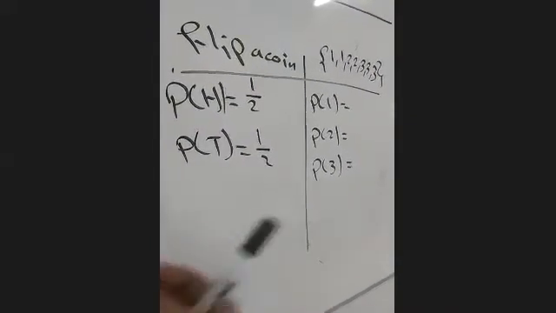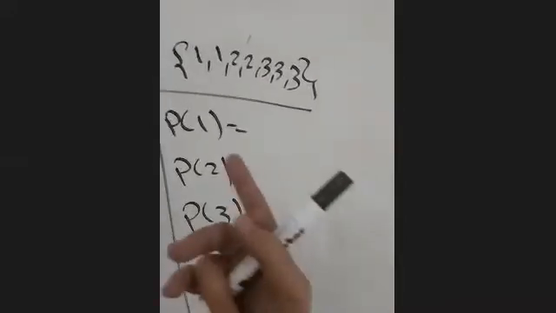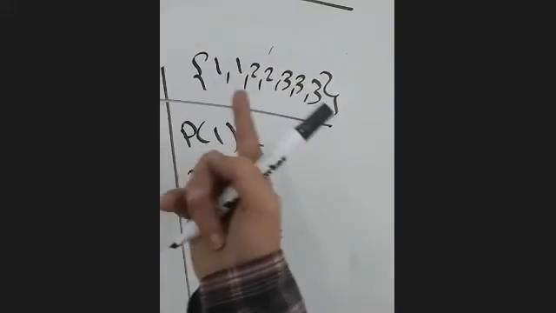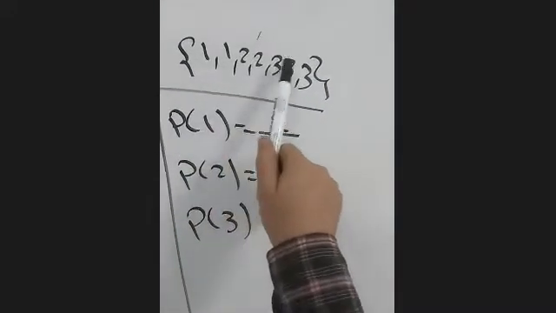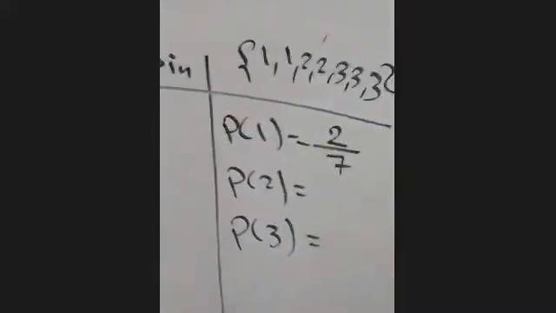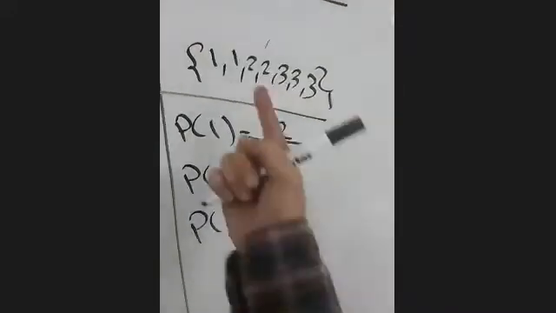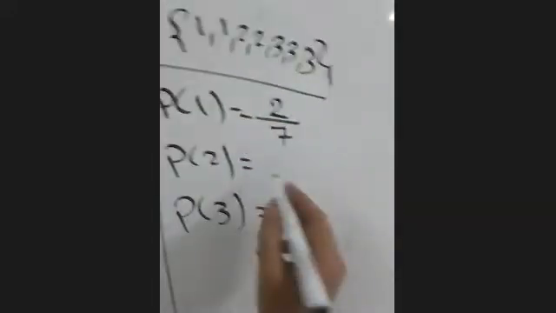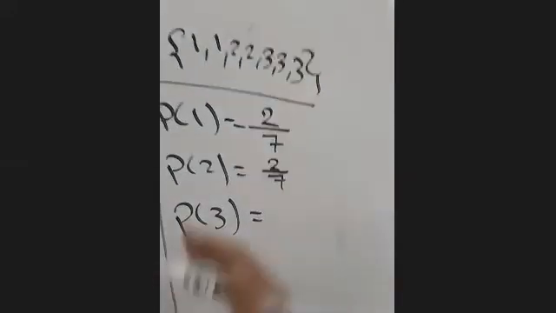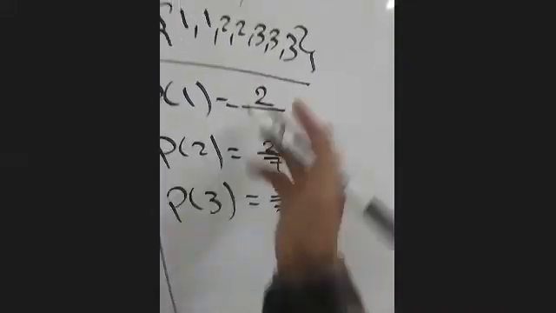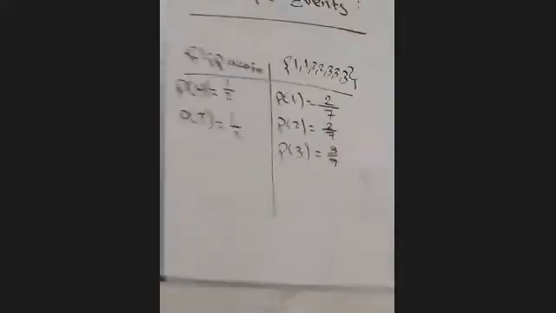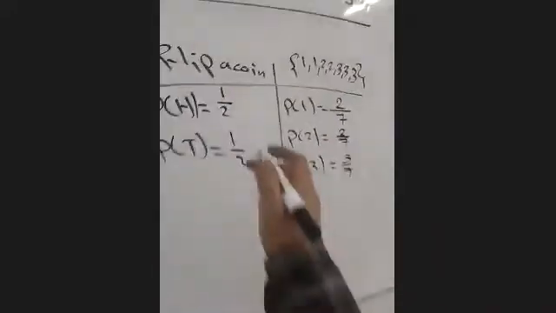Here we have probability of 1: we have 2 ones, right? 2 over 1, 2, 3, 4, 5, 6, 7, so 2 over 7. Probability of 2, we have 2 twos, so also 2 over 7. Probability of 3, it's 3 over 7 because we have 3 threes, right?